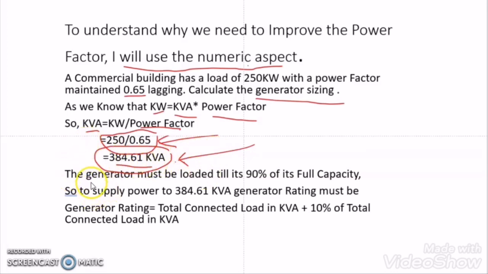As we know, we should not load the generator to its 100% capacity or 100% rating. We have to always load the generator to a maximum of 90% of its capacity. So we will size the generator: generator rating will be the total connected load in kVA plus 10% of the total connected load in kVA to feed this load, 384.61 kilovolt ampere.